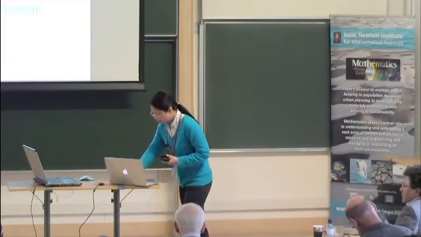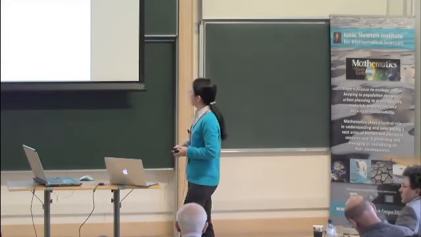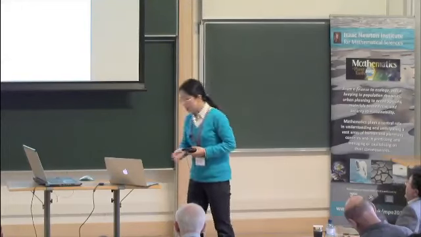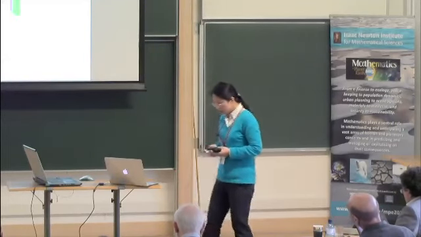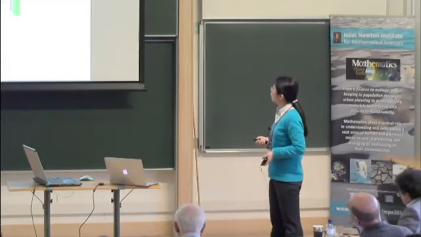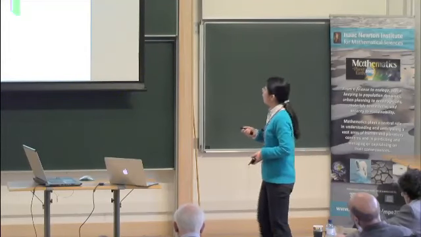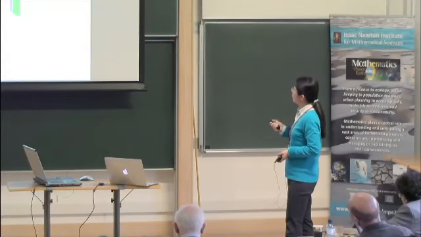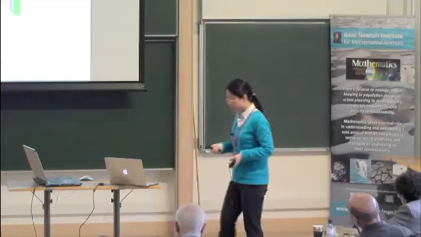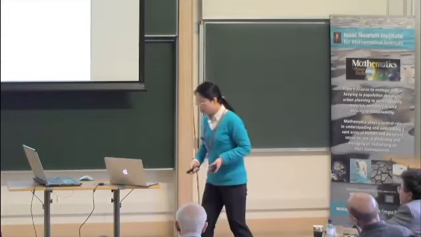So now, if we want to apply this theory to uniaxial molecules, what will happen? The uniaxial molecules are characterized as rod-like molecules. In contrast, the biaxial molecules are characterized by slab-shaped molecules.